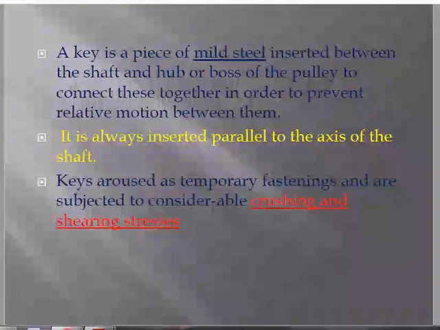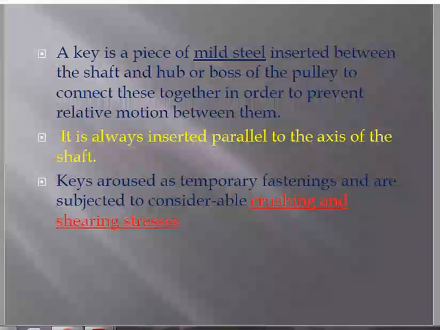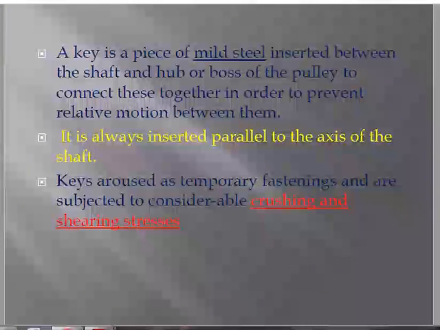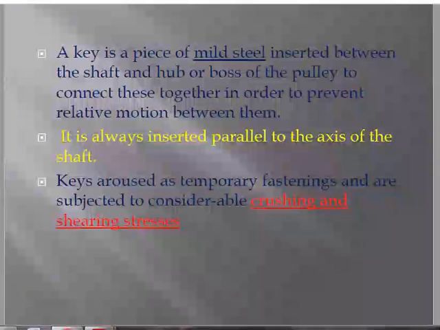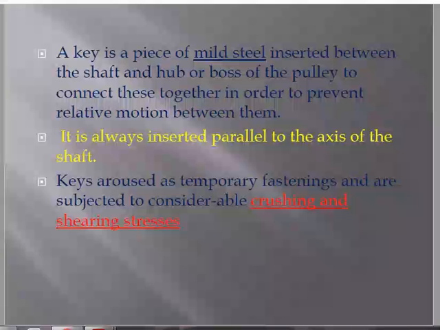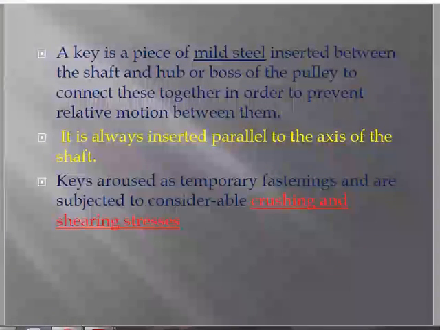Keys are used as a temporary fastening and are subjected to considerable crushing and shearing stresses. So basically key is used to transmit the motion, or we can say it prevents the relative motion between the two parts, and key is always used as a temporary joint, and key is subjected to crushing and shearing stresses.